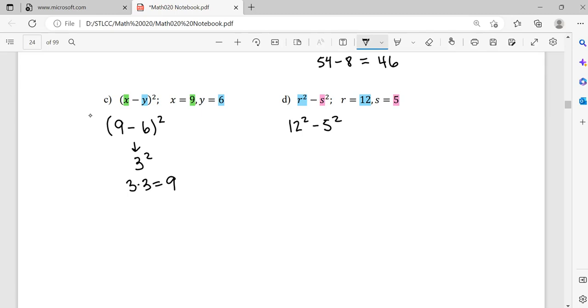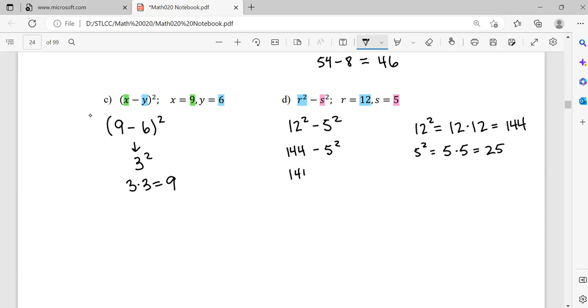All right. So I have two exponents. I'm going to do the first one, 12 squared. 12 squared means 12 times 12, which is 144. So I have 144 minus 5 squared. Now 5 squared is 5 times 5, which is 25.